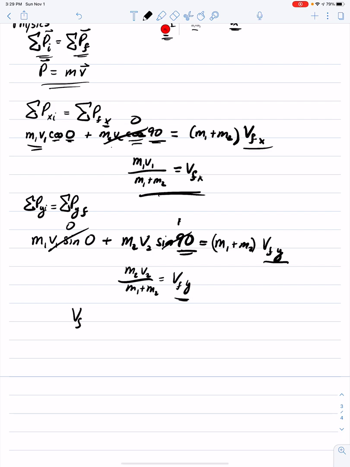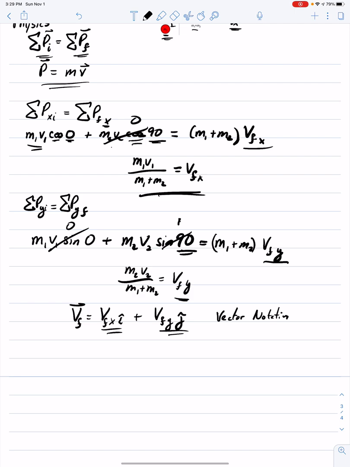The final velocity is equal to final velocity x, final velocity y. Boom. I've identified it as a vector notation. This is vector notation, but we want the magnitude.